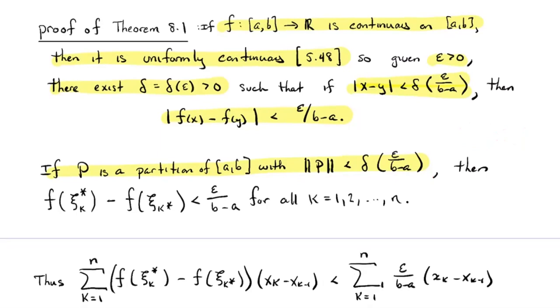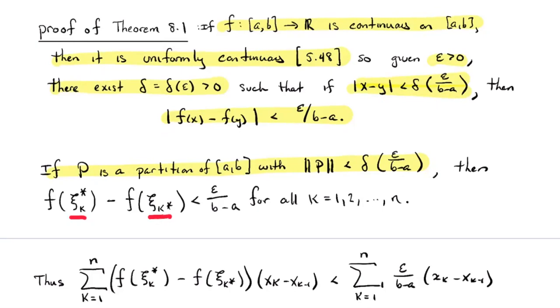Okay, so you take some partition whose norm is less than our delta, and I mean delta of epsilon over b minus a, but it's easier just to say delta. And then by uniform continuity, if you take 2 points that are closer than delta, the outputs are closer than this epsilon over b minus a. Well, the C upper star and C lower star come from the kth subinterval.